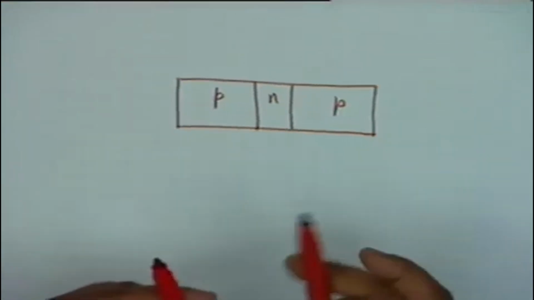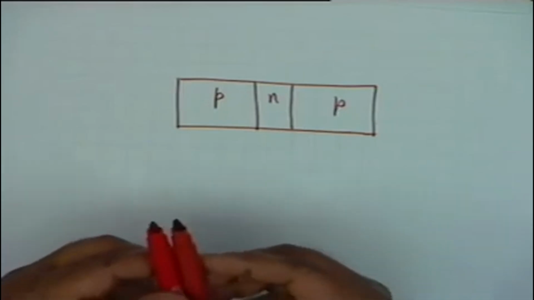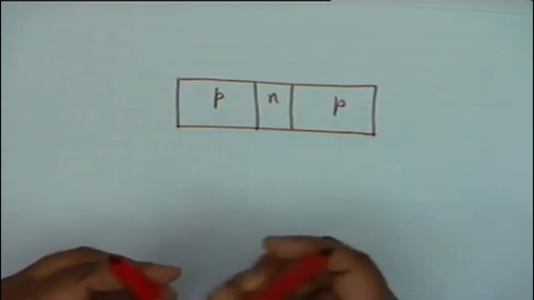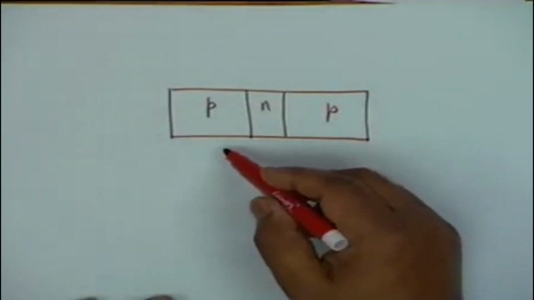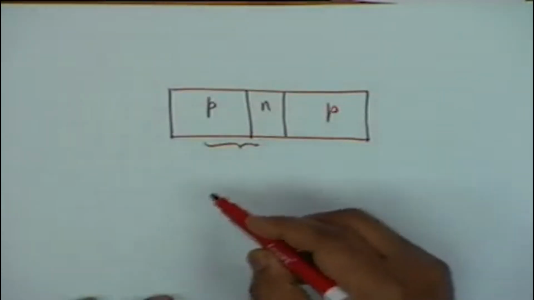That means you don't make a junction and then just make a contact between the two junctions. No, it is metallurgical fabrication, and how it is done we shall look at in a moment. But you notice that there are two junctions here. One is this p-n junction and the other is this n-p junction.